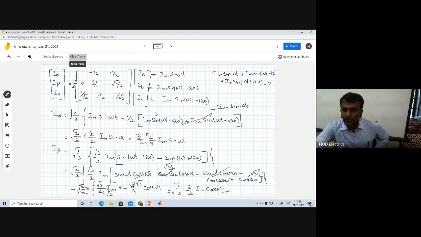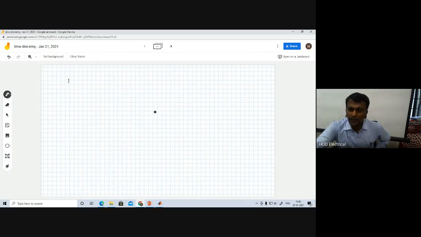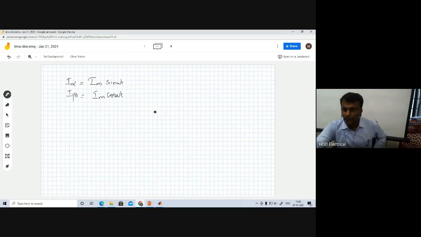Based on this equation, I alpha is Im into sine omega t, and the I beta component is Im into cos omega t. This is what we are getting.